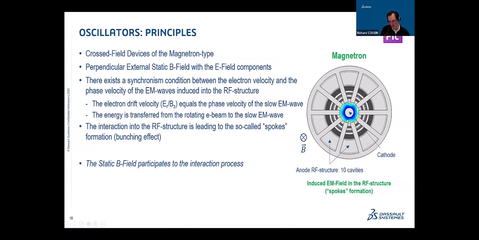Exactly as for an amplifier, as soon as you have a bunching effect of the particles, which is the spoke formation that you have here within this magnetron, you can emit microwave radiation. Remember what I said for the amplifiers: the static B field participates in the interaction process because it is embedded in the equations which compute the velocity. And the velocity of the particles is key to maintaining the synchronism condition with the phase velocity of the slow wave.